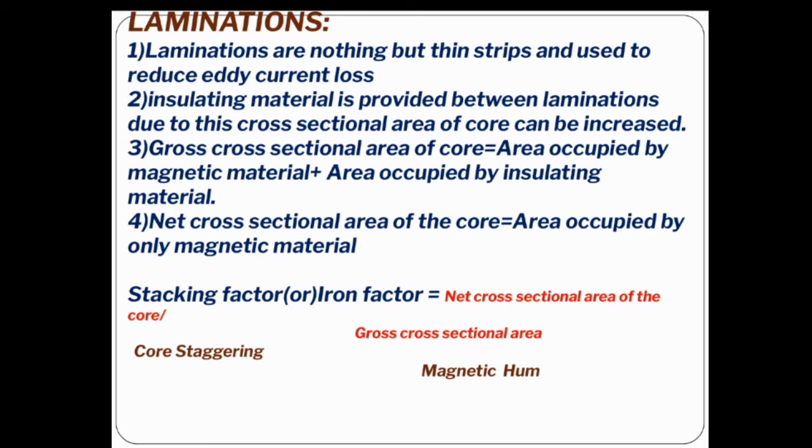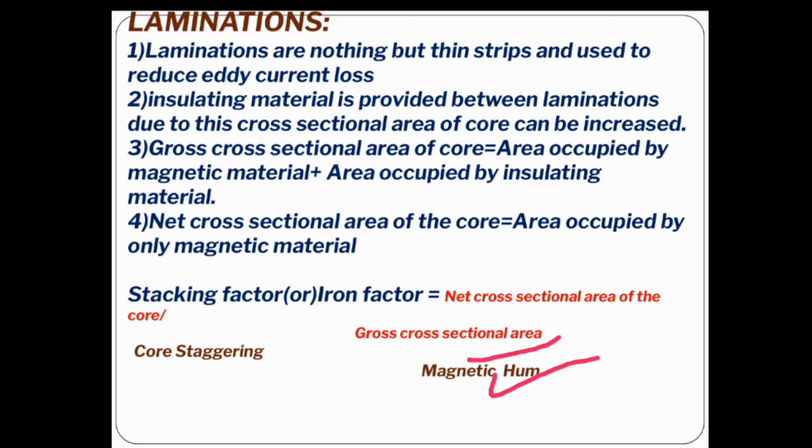Core staggering must be properly done. If there is any improper design in the core, it will lead to magnetic hum, which is nothing but magnetic sound. The basic reason for this magnetic hum is the magnetostriction phenomenon.